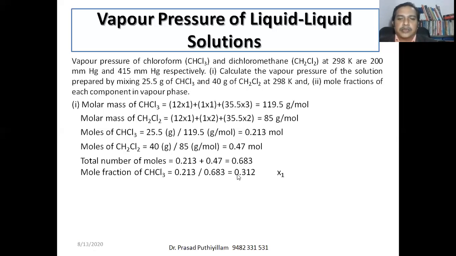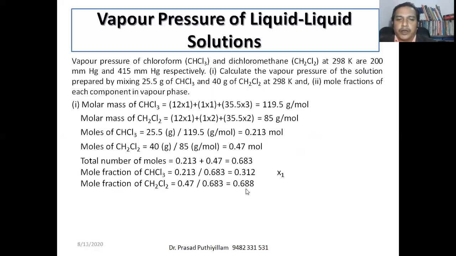Here this is considered as x1, since 200 is the lower value, which is for chloroform. Therefore component 1 is considered as chloroform, and the mole fraction of CHCl3 is x1. The mole fraction of CH2Cl2 is 0.47 upon 0.683, where 0.47 is the moles of CH2Cl2 and 0.683 is the total number of moles.